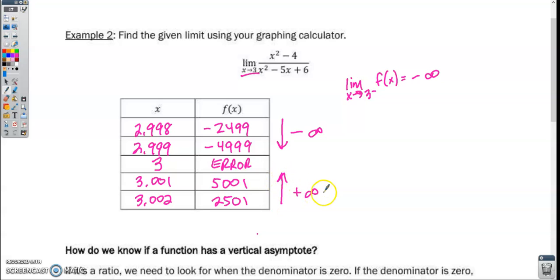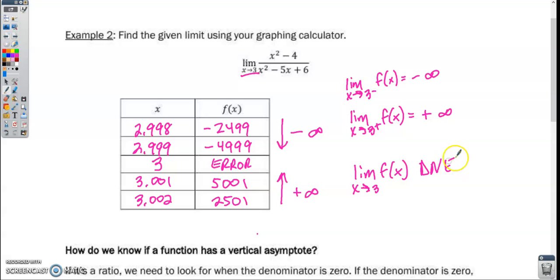So from this side it's approaching positive infinity. And so overall here, the limit as x goes to 3 of this function does not exist, since those limits do not match.